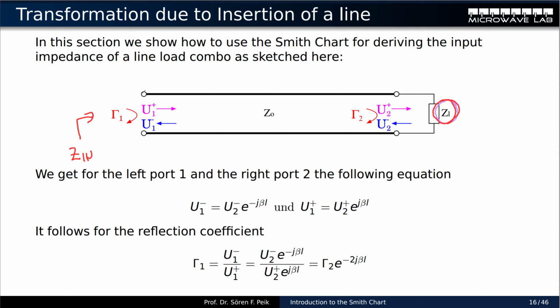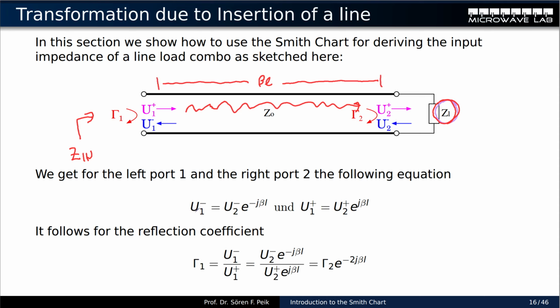So when you put all information together, there is a phase delay between U2 plus and U1 plus by the length of the line, the electrical length of the line. So the phase difference between the two is beta L.